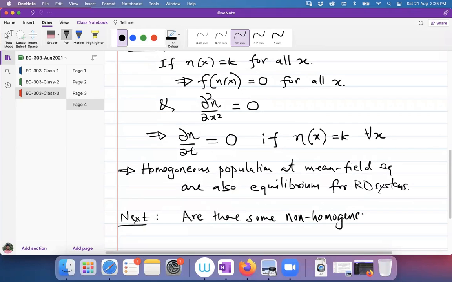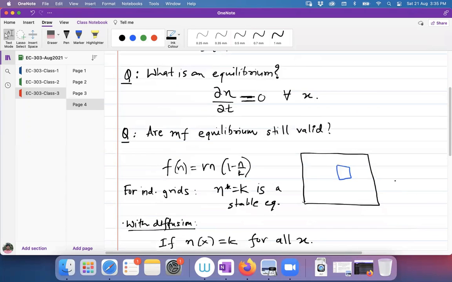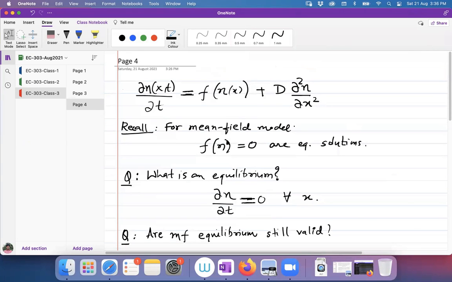If you start this system where every location has exactly the same value at the initial time point, will the diffusion term play any role at all?